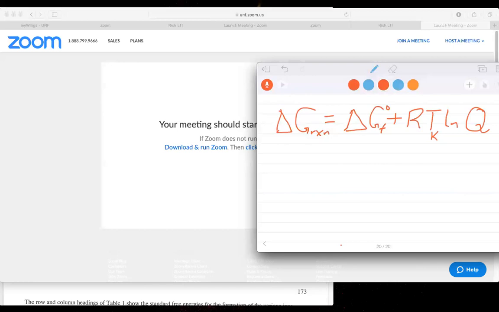It is the concentration of the product over the concentration of the reactants, the way I've been doing before.